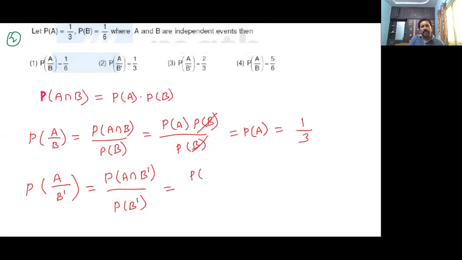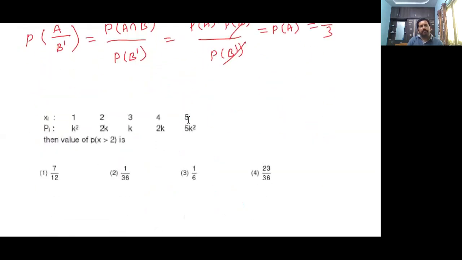So we get P of A into P of B complement divided by P of B complement. These two cancel. Now we get P of A. What is P of A value? 1 by 3. Observe that finally we got P of A by B complement value is 1 by 3. That means second option is correct. This is also a very easy question.